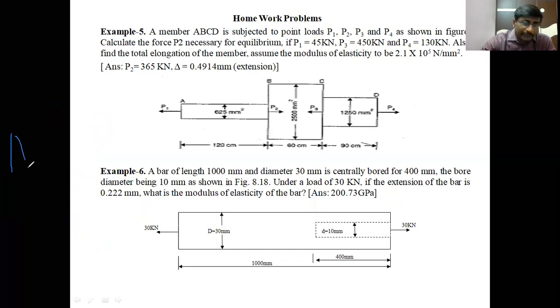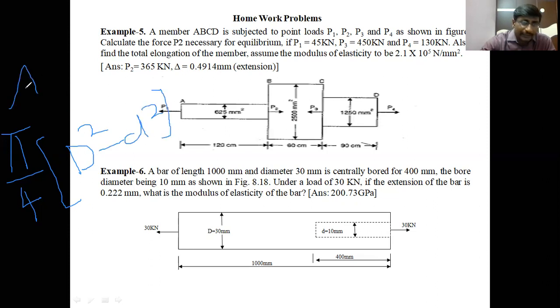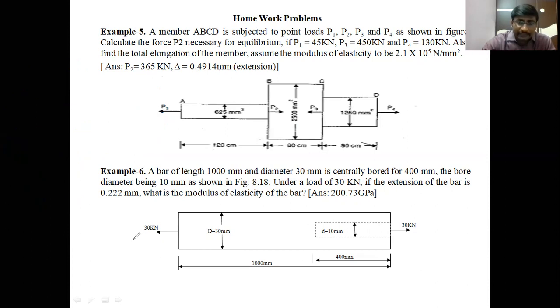Pi by 4 times outer diameter square, capital D square, minus inner diameter square, small d square. So A2 is pi by 4 times 30 square minus 10 square. Like that, we can calculate the cross-sectional area of the second part. Clear?